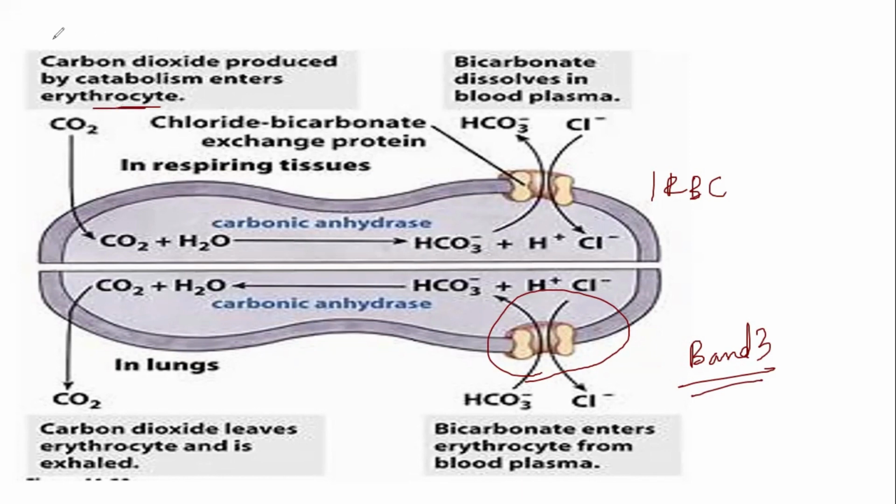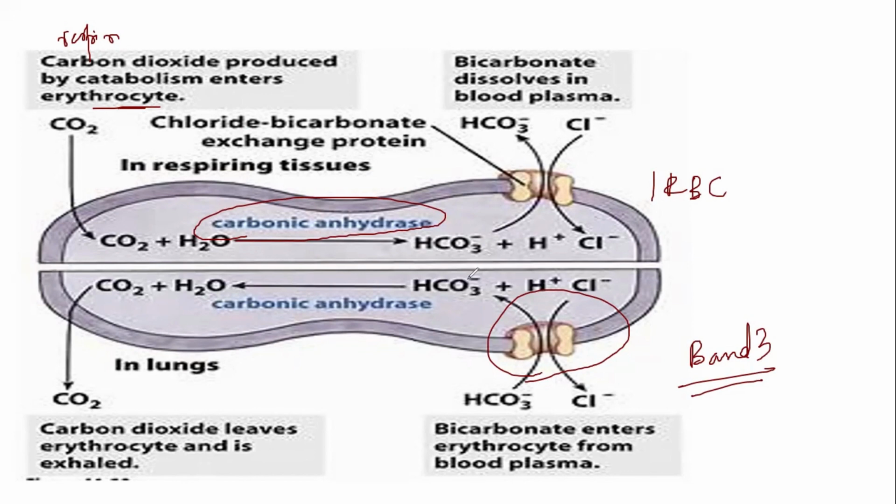It means these are the carbon dioxide released from the respiring tissue, the cells that are working. The metabolic end product is CO2. Now this CO2 is going to enter the RBC, where with the help of carbonic anhydrase, which has the maximum catalytic turnover of any enzyme, it binds with water and becomes bicarbonate.